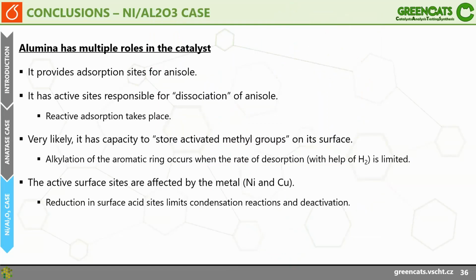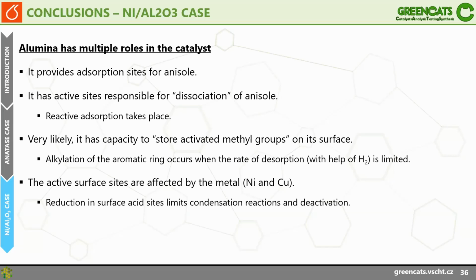And yeah, that brings me to conclusions on this part. So the alumina has multiple roles in the catalyst. Most importantly, in this case, it provides a site where anisole is adsorbing, so we need to activate, but it also initiates transformation of anisole.